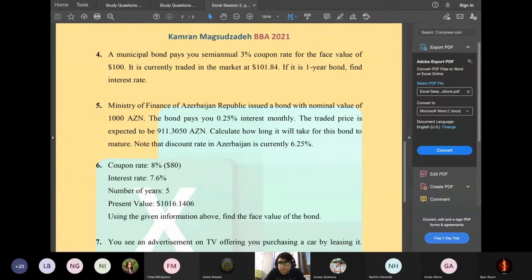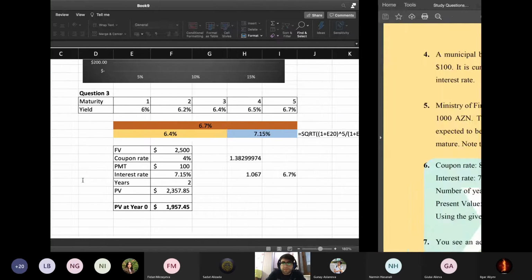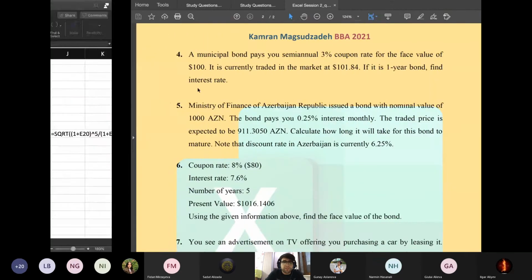And periods, what's our period? It is a 1 year bond. If it is semi-annual, it means we have 1 multiplied by the number of semi-annuals, 2. We have 2 periods, 2 semi-annuals. We find the rate. What was the question? Interest rate, yes.